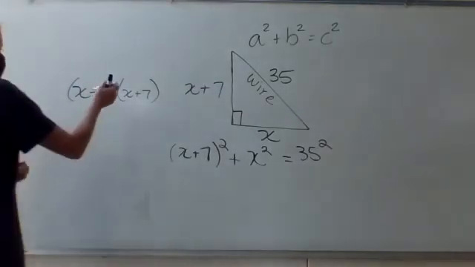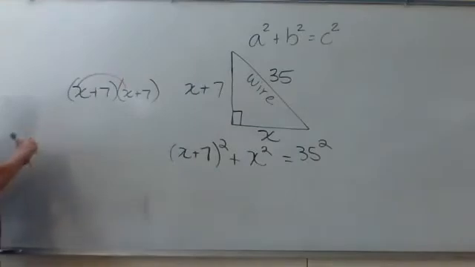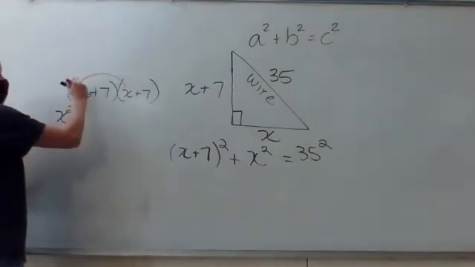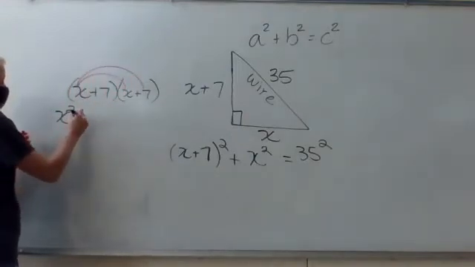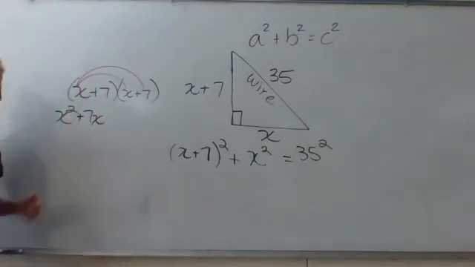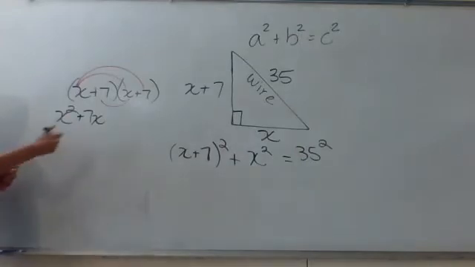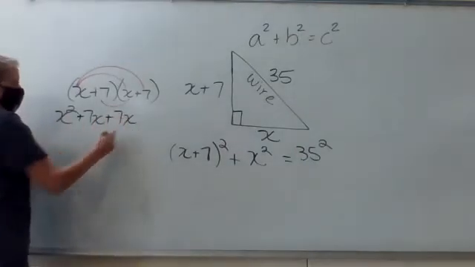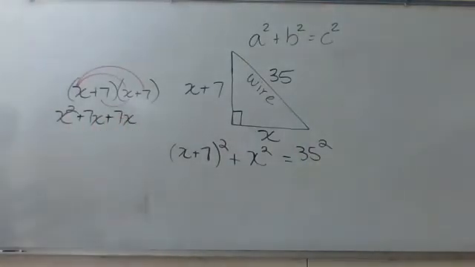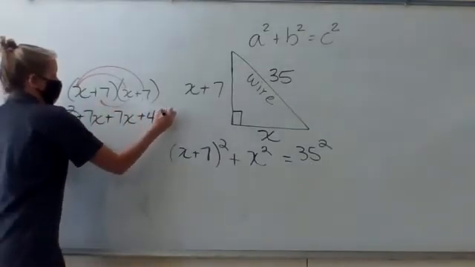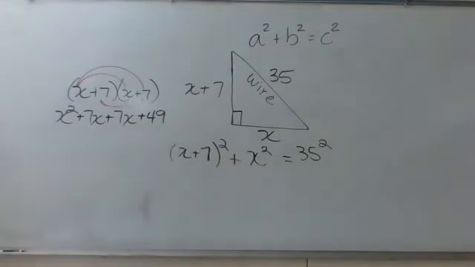My first, X times X gives me X squared. My outer, X times 7 gives me plus 7X. My inner, 7 times X gives me another plus 7X. And then my last, 7 times 7 gives me plus 49.